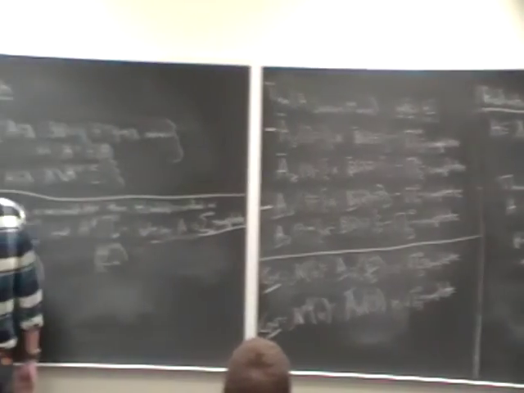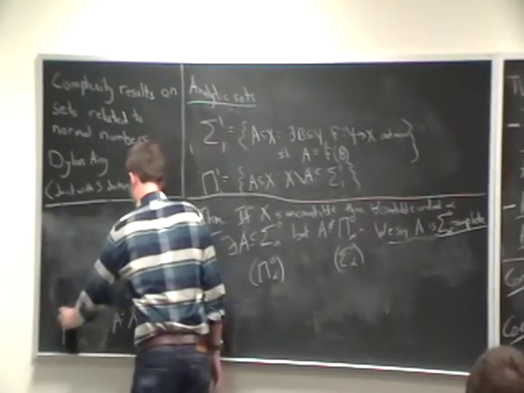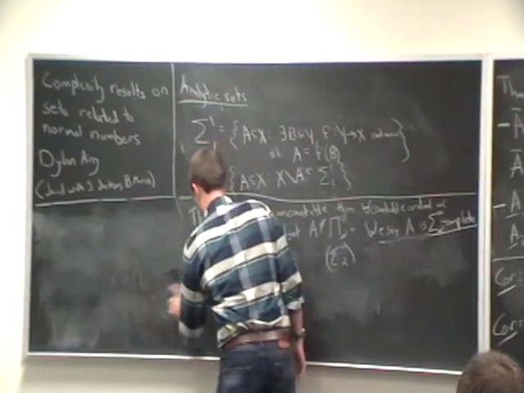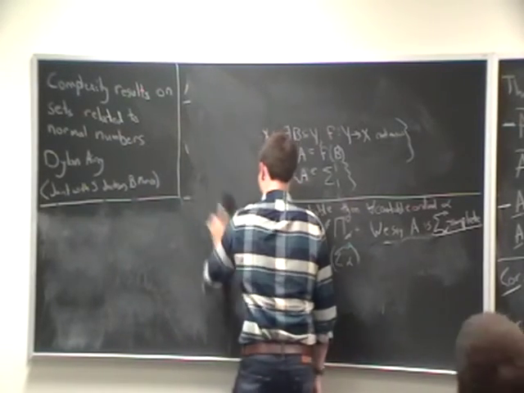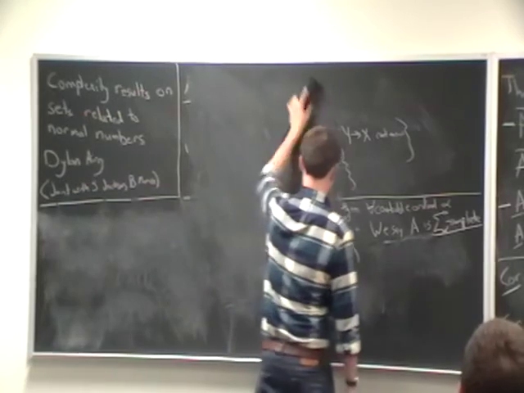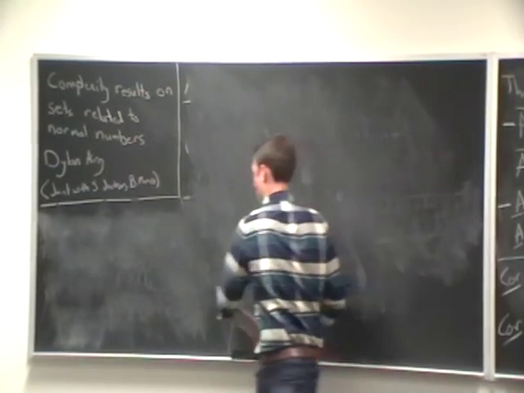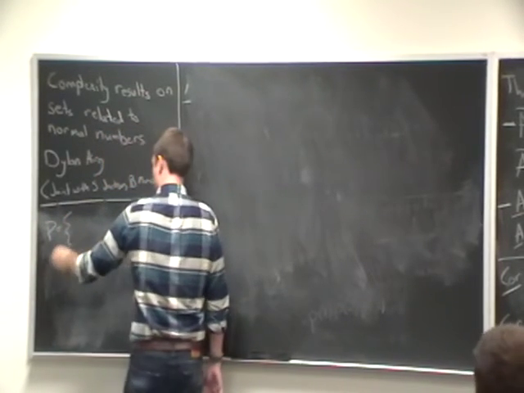So how do we do this? Well, the Pi 0,3 set that we're going to use is a standard one. So let's take P equal to the following.